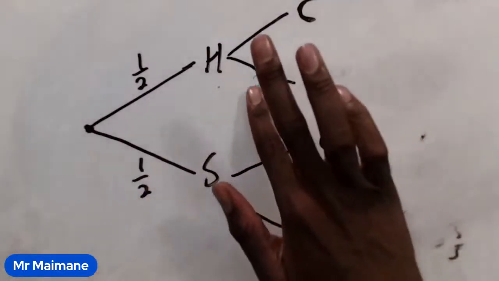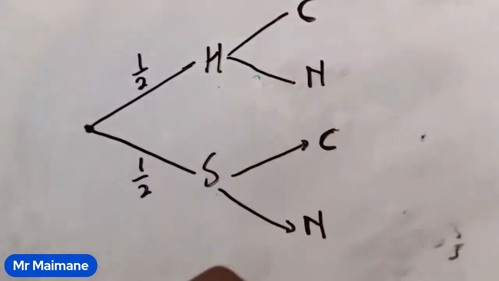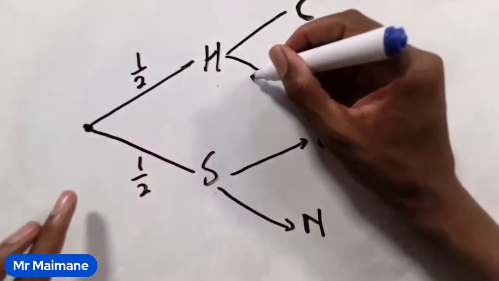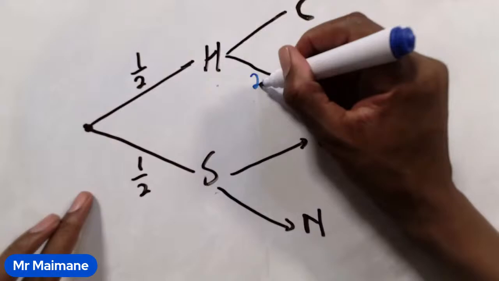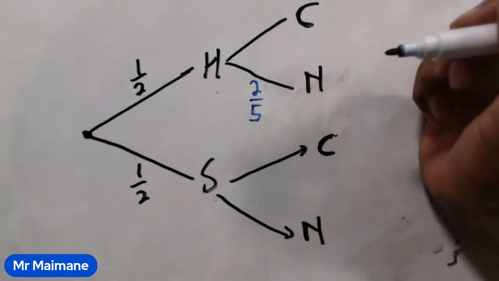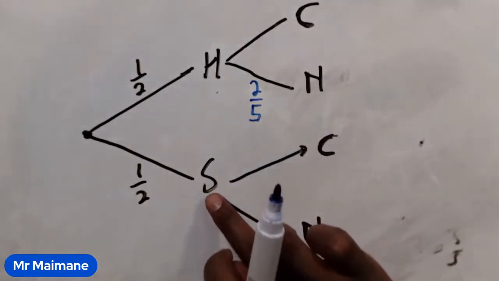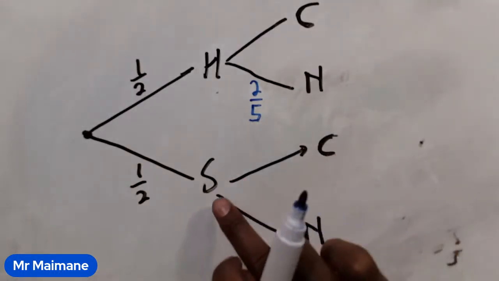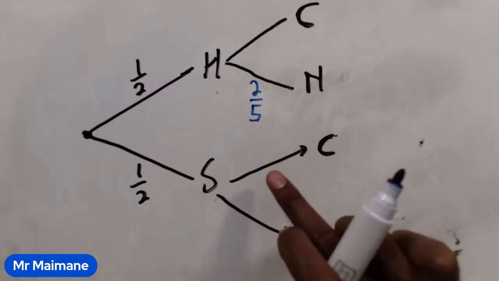Let me use a different color for visibility. 2 over 5 were not cured. And also 3 over 10 of the group receiving the sugar pill were cured. So the ones receiving a sugar pill who were cured is 3 over 10.